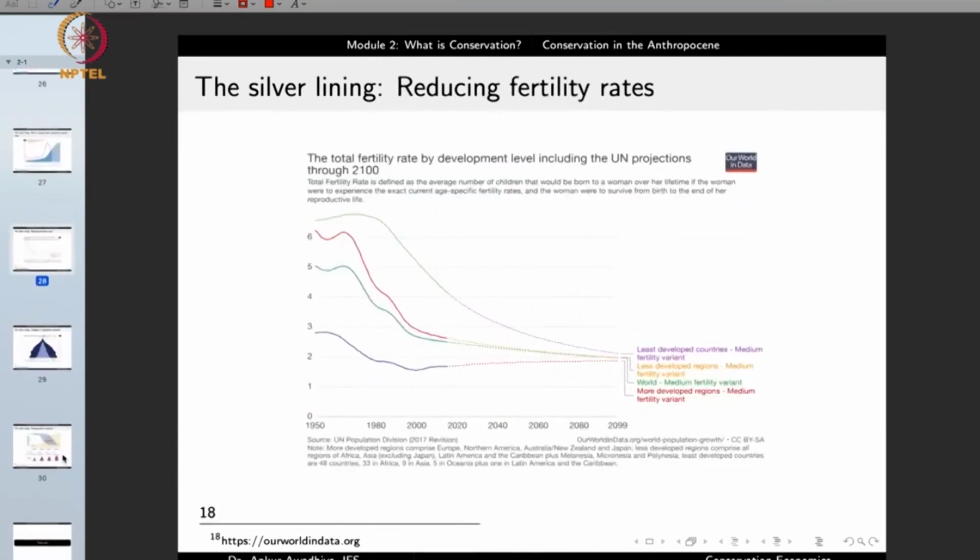Another thing is that we are observing reducing fertility rates in a large number of countries. The fertility rate, or the number of children that a woman would have on average, is also going down. Your parents or your grandparents had many more siblings. We are also observing changes in the population pyramid.